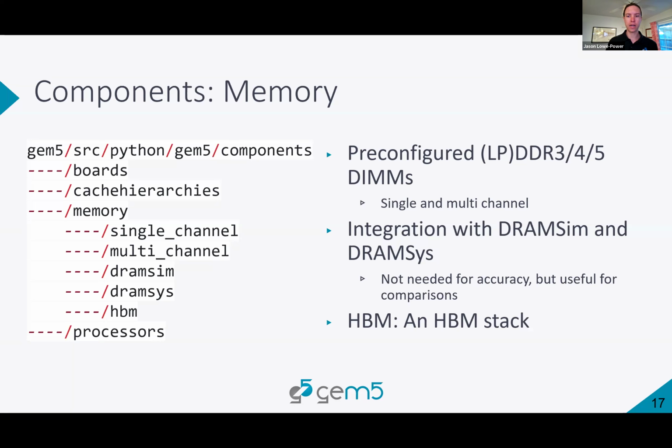But I want to emphasize that you don't need to use DRAMSim or DRAMSys to get a highly accurate DRAM simulation. gem5's DRAM model for DDR controllers, HBM, and LPDDR is highly accurate and within a couple of percent of these other systems. And then we also have HBM, which can give you a stack of HBM to integrate into your system.